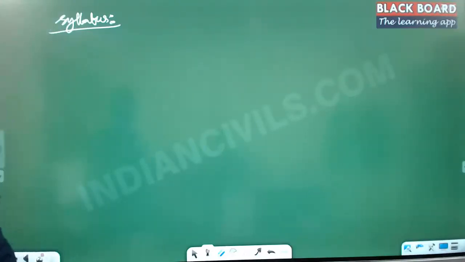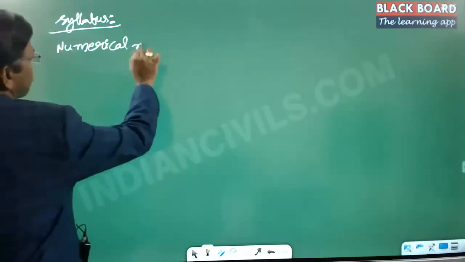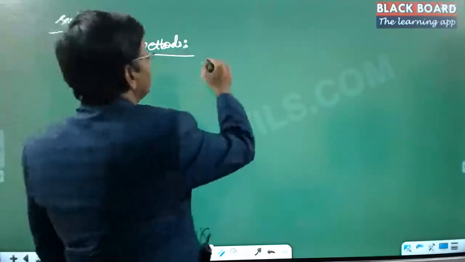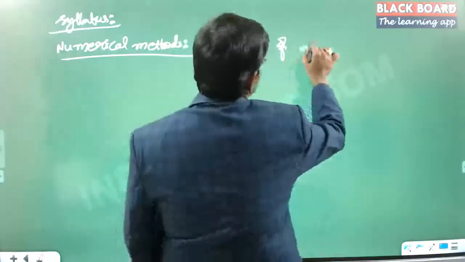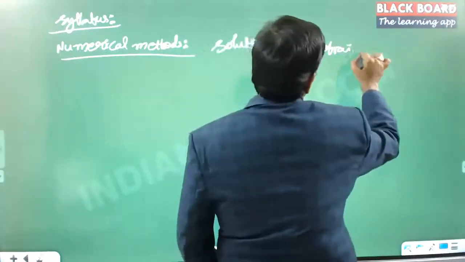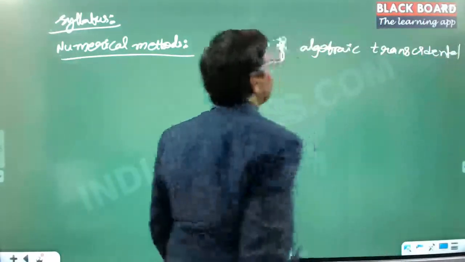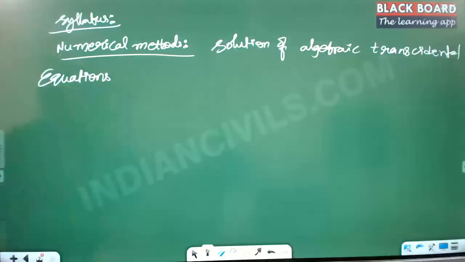Numerical methods: solution of algebraic and transcendental equations of one variable by bisection, regula falsi, and Newton-Raphson methods.